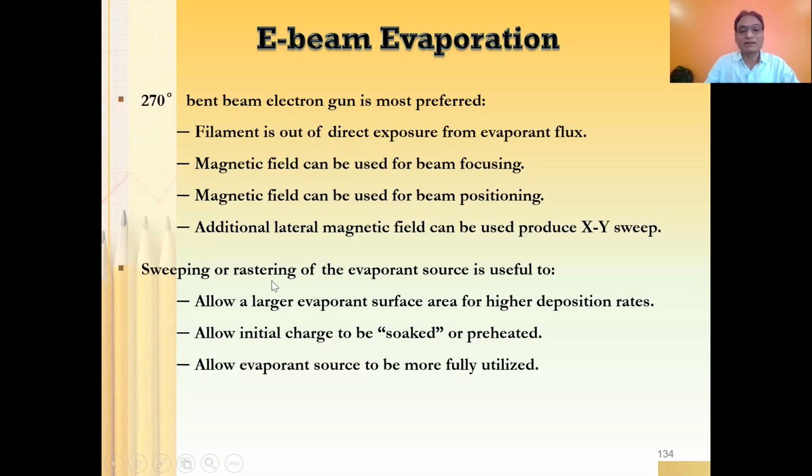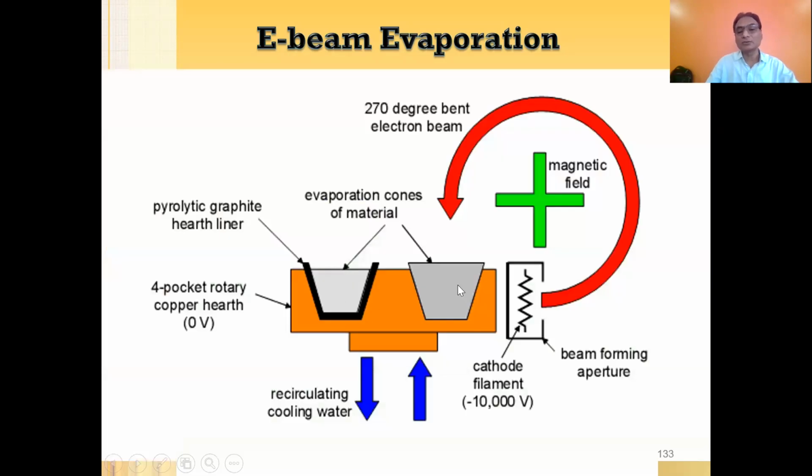Now, sweeping or rastering of the evaporant sources is useful. Why? Because we are going to sweep the evaporant source. It allows a larger evaporant surface area for a higher deposition rate, allows the initial charge to be soaked or preheated, and allows the evaporant source to be more fully utilized. So, we are going to sweep this.